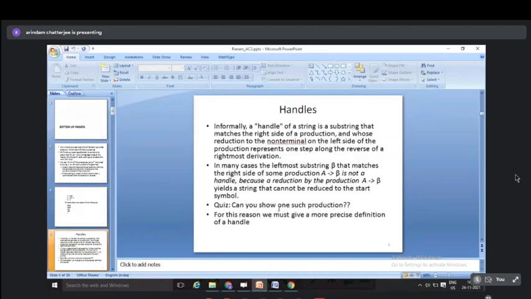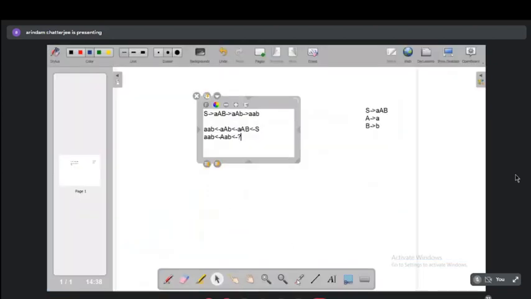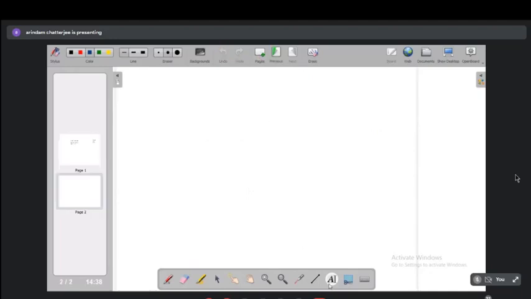Okay, one important concept related to bottom-up parsing is called handle. There are three terms you have to be very carefully observant of: handle, handle pruning, and viable prefix.